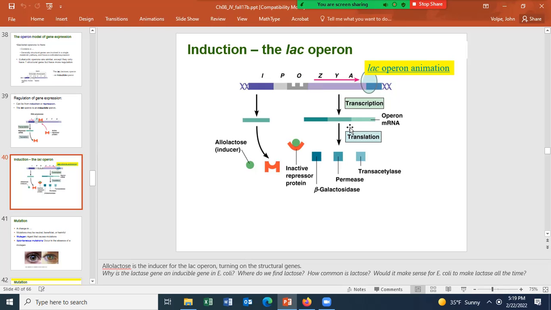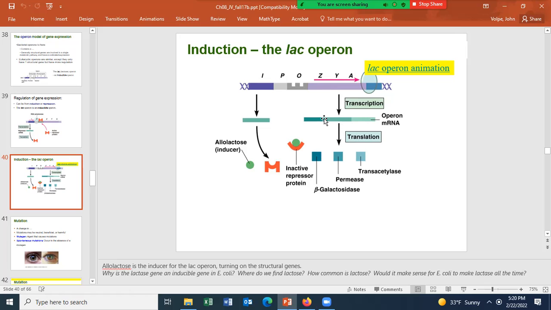You note that this messenger RNA is a little different. We've never seen this where one messenger RNA is translated into 3 different proteins. In the case of the lac operon, that is the case. Now, in a eukaryote operon, you only have one structural gene in the operon.